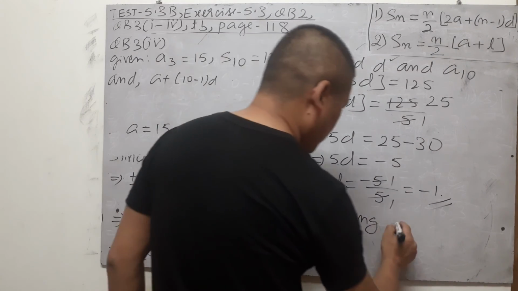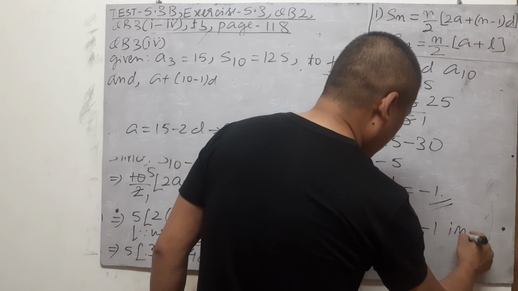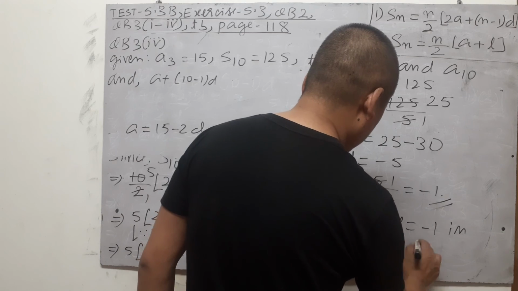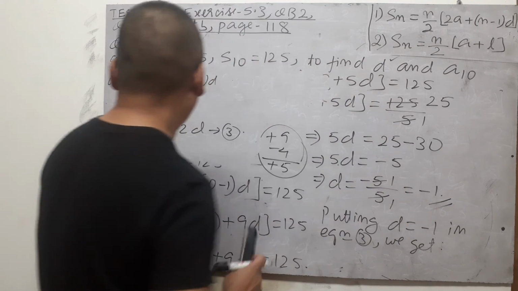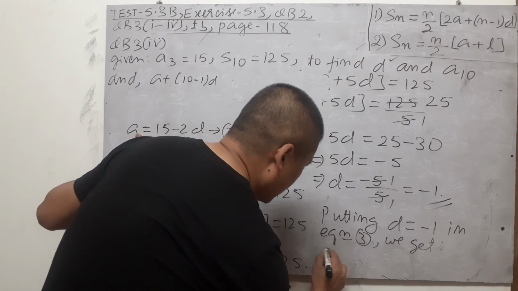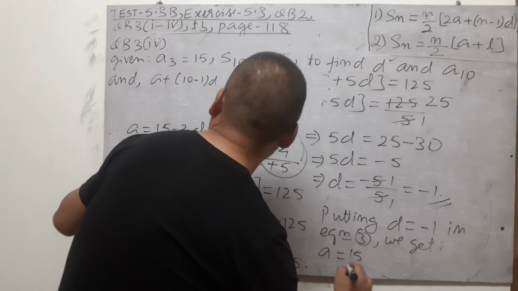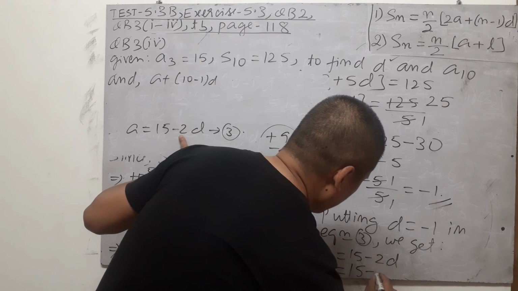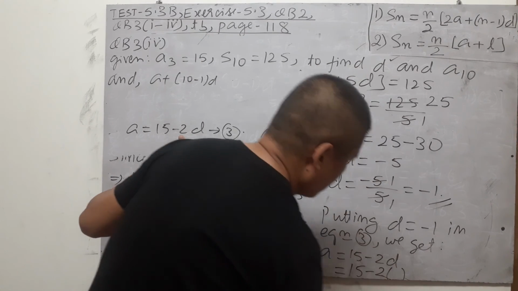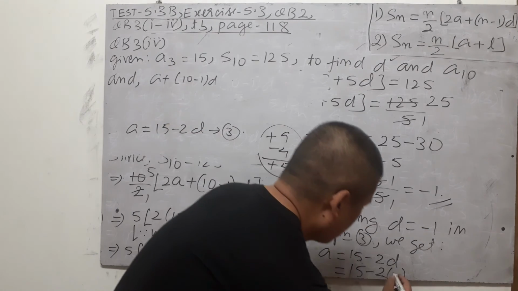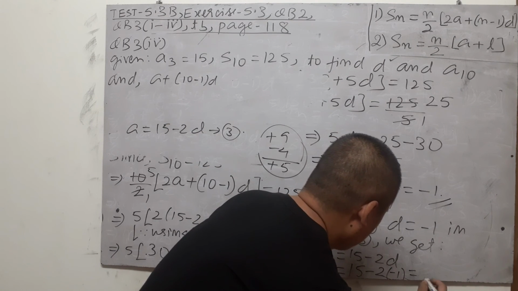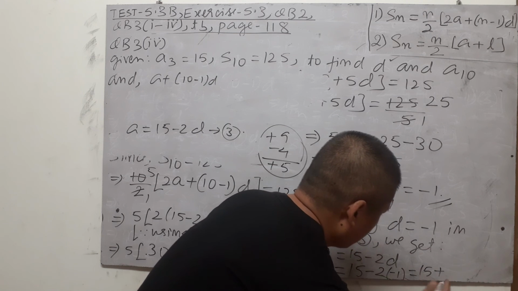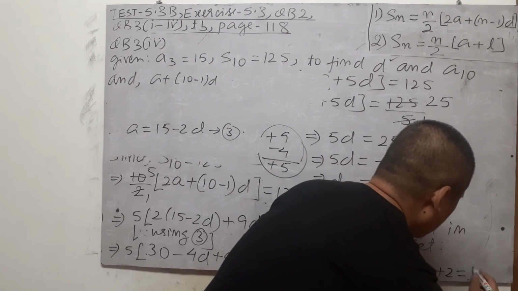So putting this d value equal to minus 1 in equation 3, we will get here a equal to 15 minus 2d. Then here 15 minus 2 into d, and d is now minus 1. So we can write here 15 minus into minus plus, 2 ones are 2. So 15 plus 2 is 17.